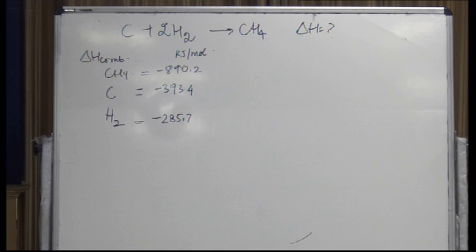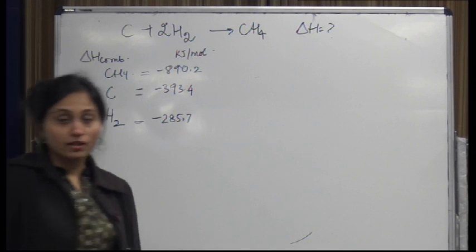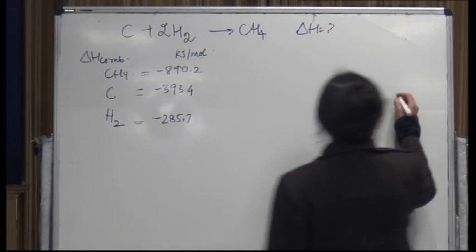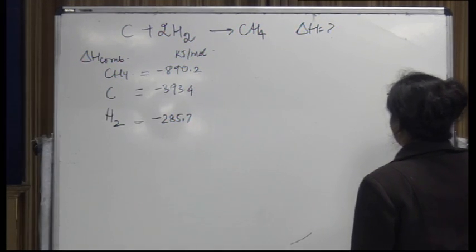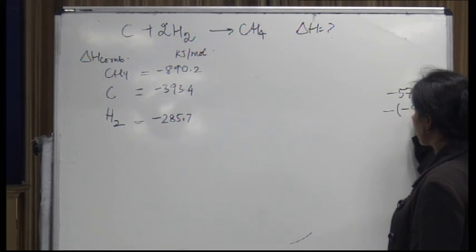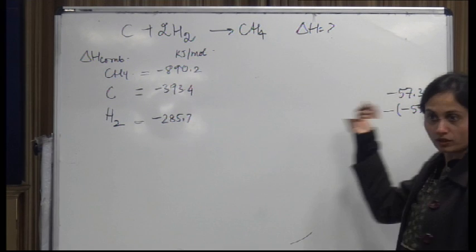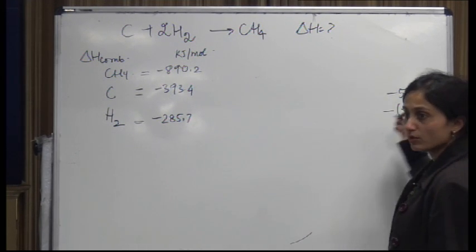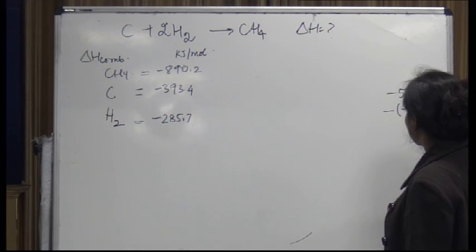In the last question, is the ionization enthalpy of HCl negative or positive? Good question, because what you are checking is your minus 57.3, right? Minus of minus 55 point whatever. What was the value? 55.2.